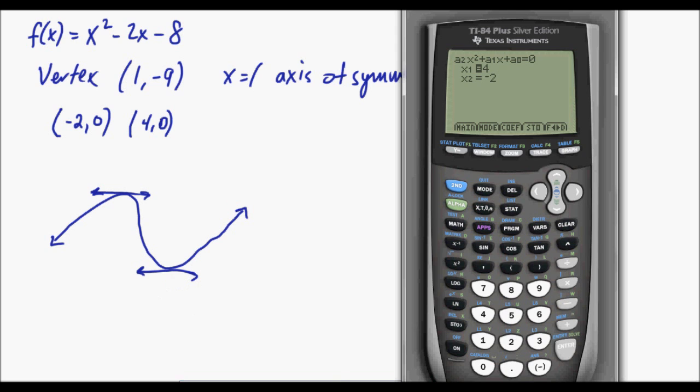I did an easy function, but to graph them, you can change the window if you need to, and then graph them, and so you can see your graph. If we had one like this, you could calculate the minimum and the maximum, and I mean, you can do it by hand, but it's easy to use the calculator.